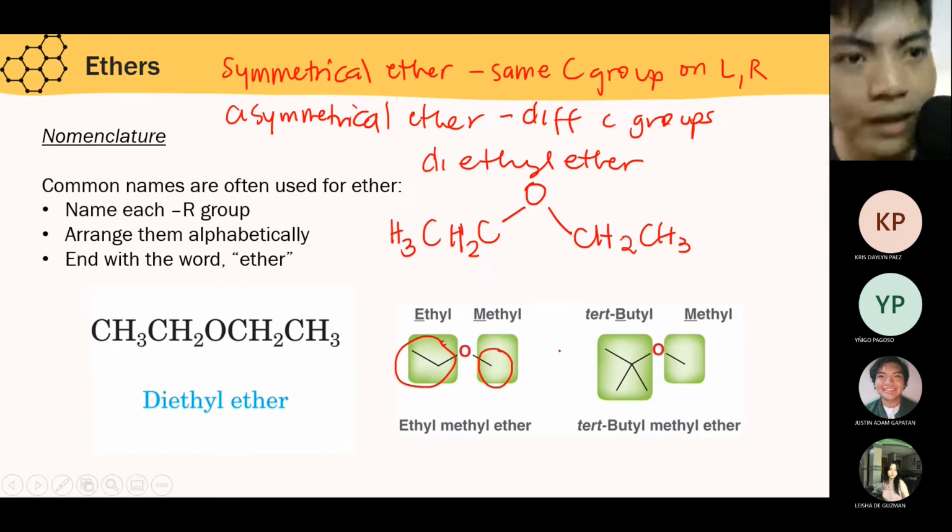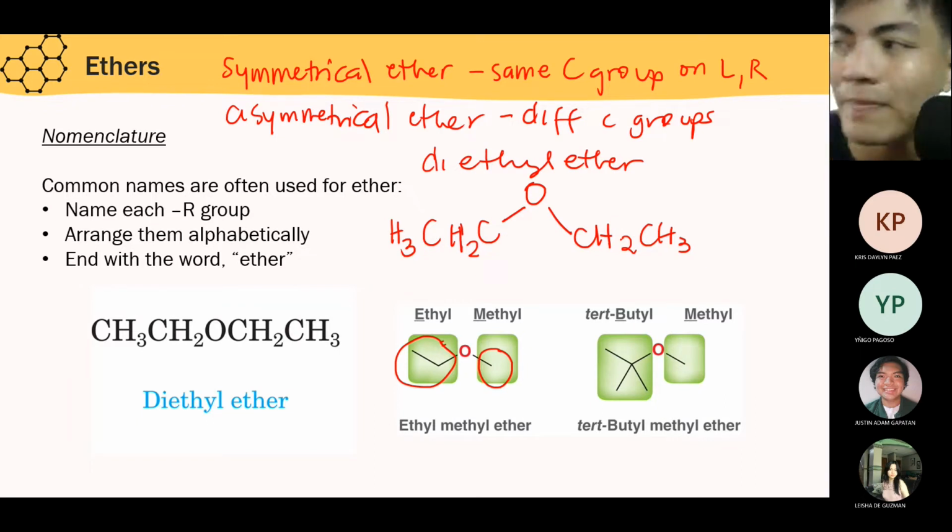Okay? So, paano mo papangalanan yan? So, alphabetical lang. Okay? Sino mo una? Si ethyl o si methyl? Si ethyl kasi letter E siya. Okay? So, ethyl, followed by the methyl, followed by the word ether. So, ethyl methyl ether. Ganun lang siya ka-simple.